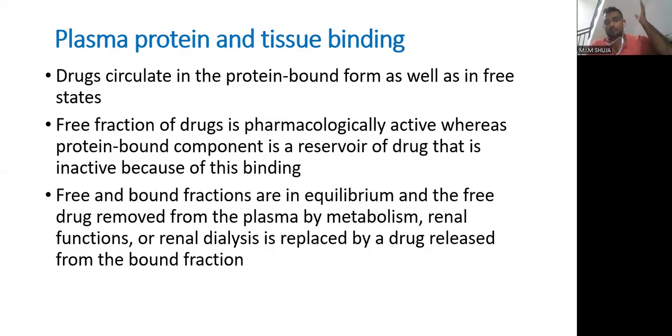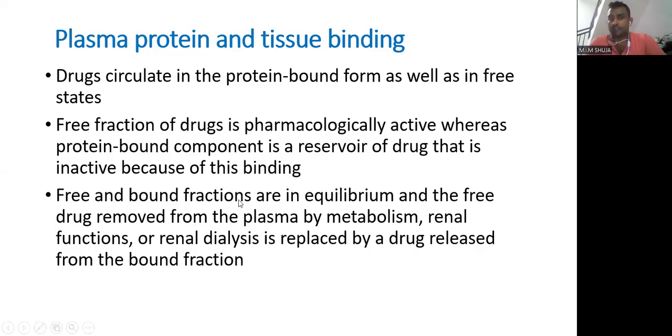When the free or the active part has acted and is reduced, the bound or reservoir part will slowly be released to the plasma and it will continue the action.